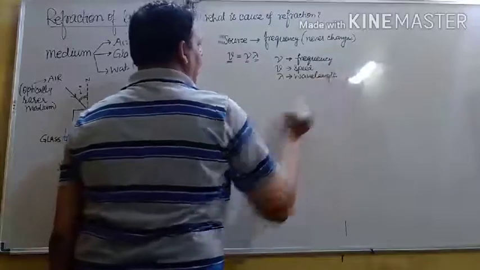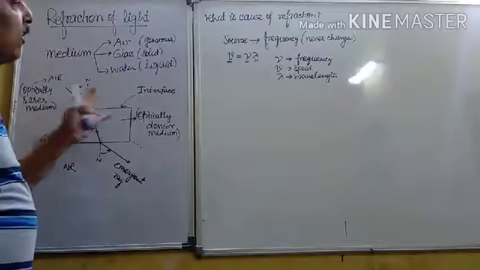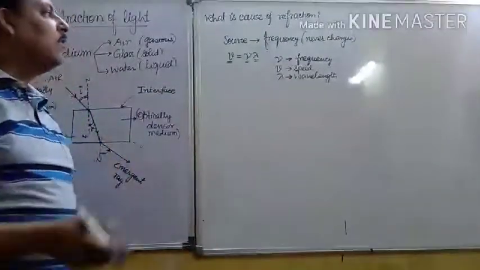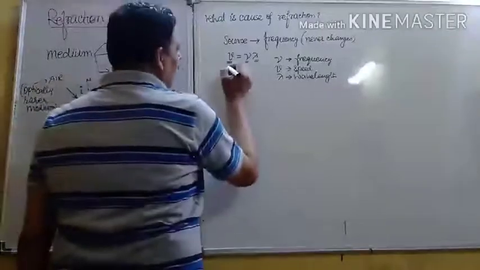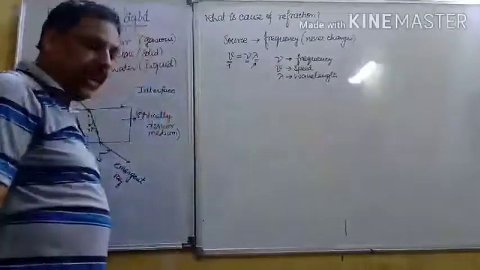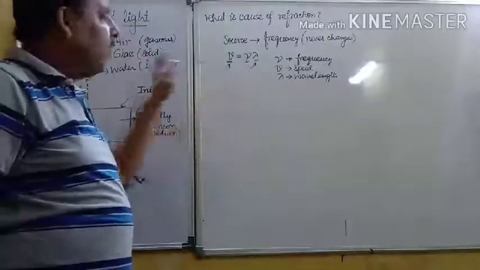So when light goes from air to glass, the frequency will never change. Then what can change? Either the speed or the wavelength can change, and this is the major cause of refraction.